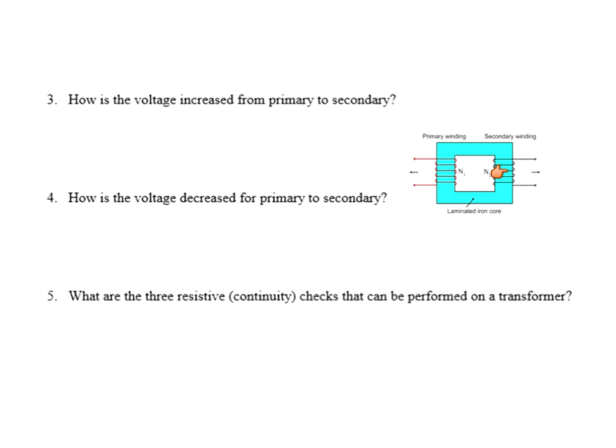So the 3 checks: primary to primary, low; secondary to secondary, low; and any one on the primary to any one on the secondary should be high. Those are the 3 resistive or continuity checks. If you're using a beeper function on your meter, it would beep from here to here, and it would beep from here to here. That's continuity. It would not beep from here to there.